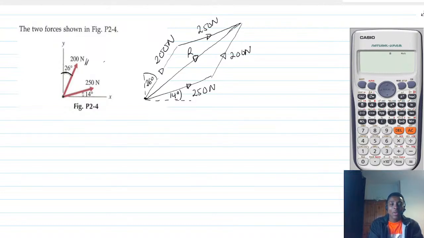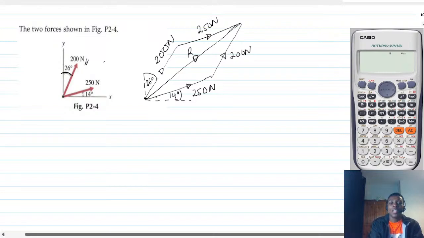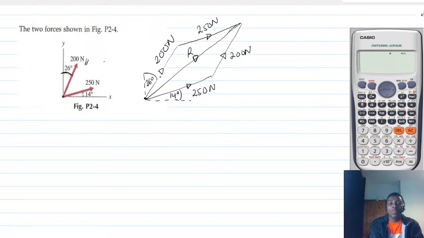Okay, so let's calculate the resultant now. If I want to calculate the resultant, then I need to also know the angle between the two forces.